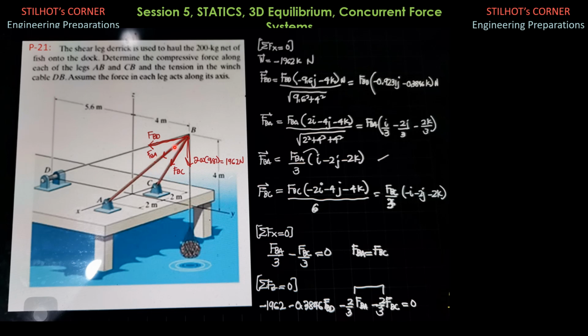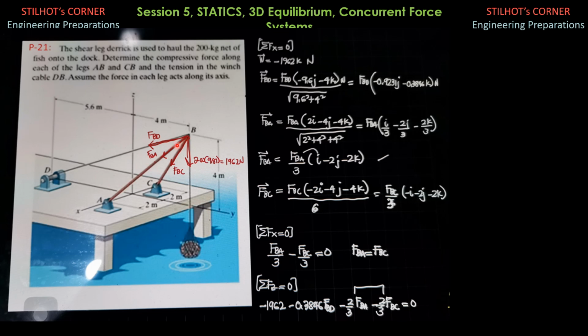If you look at the configuration, it's anticipated that FBA equals FBC by symmetry, because the weight and the tension FBD lie on the YZ plane.